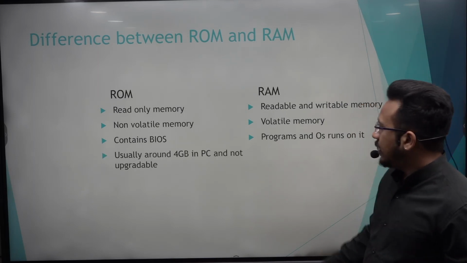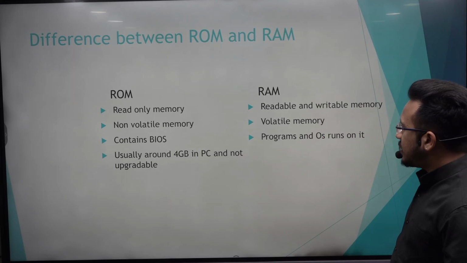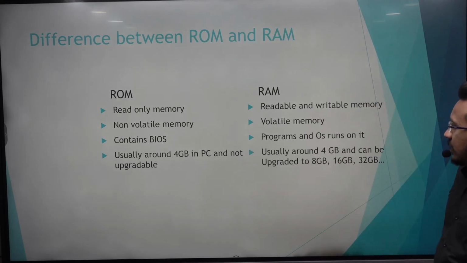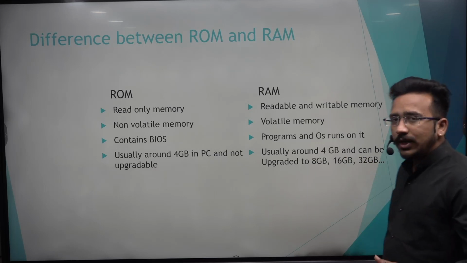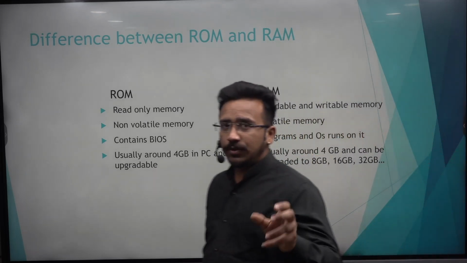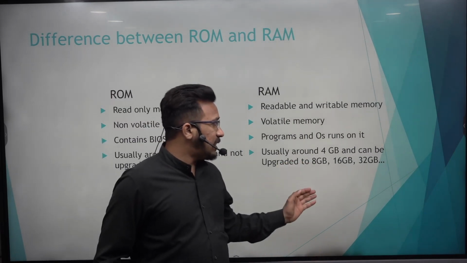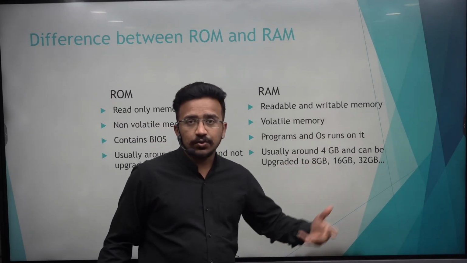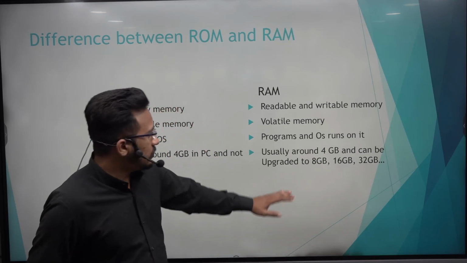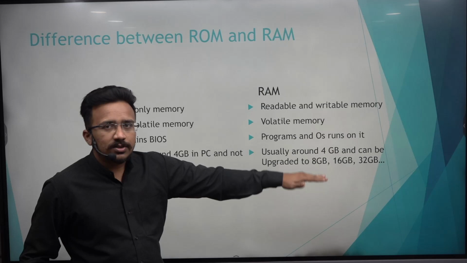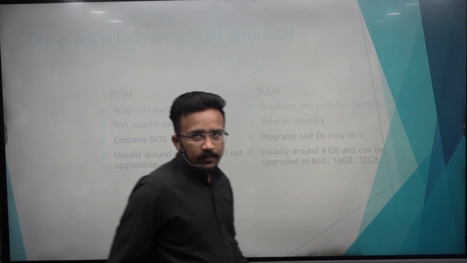Usually around 4 GB in a PC, ROM is fixed, and it is not upgradable. In RAM it is usually 4 GB, but you can upgrade it depending on your processor and system capability. You can increase it to 8 GB, 16 GB, 32 GB, and so on. So RAM is upgradable. We are talking about a typical personal computer.